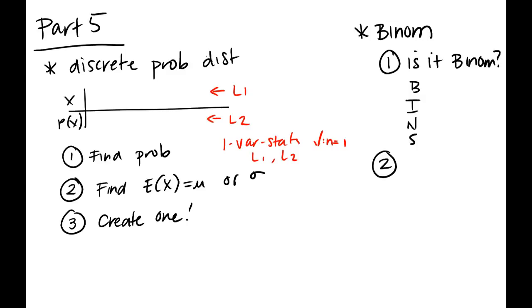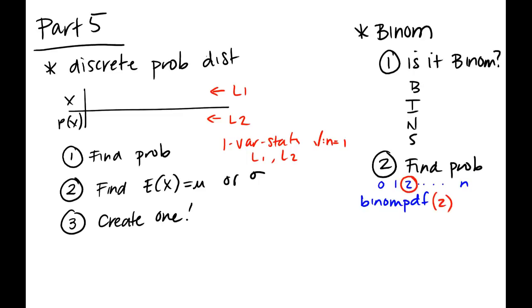Other question is finding a probability. There are 2 ways I can ask this, right? I could ask for a single value. In that case, you're doing binom PDF. And the only thing I might put in my note card is a quick little reminder: if I'm looking at all of this stuff up to n and I just circle 1 number, the only thing I care about is 1 outcome.